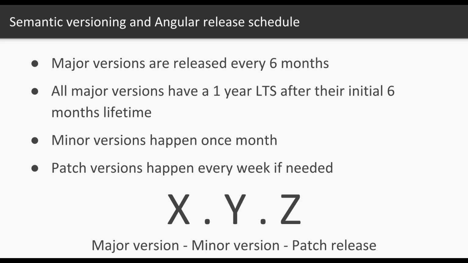So the best practice is really to get all of these patch releases and minor versions as they get released, because it is free of any surprise, I would say. It's just bug fixes and improvements and new features. So you can upgrade to these minor versions and patch releases without having to change your code.